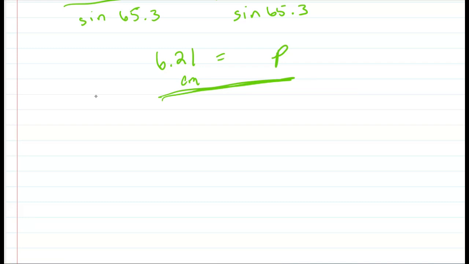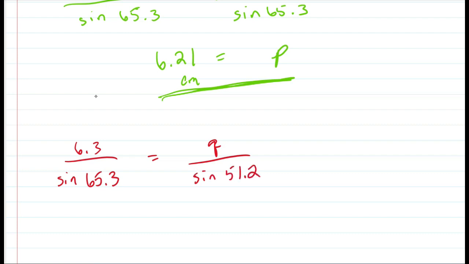In a similar fashion, we can use 6.3 over the sine of 65.3 equals Q over the sine of 51.2.